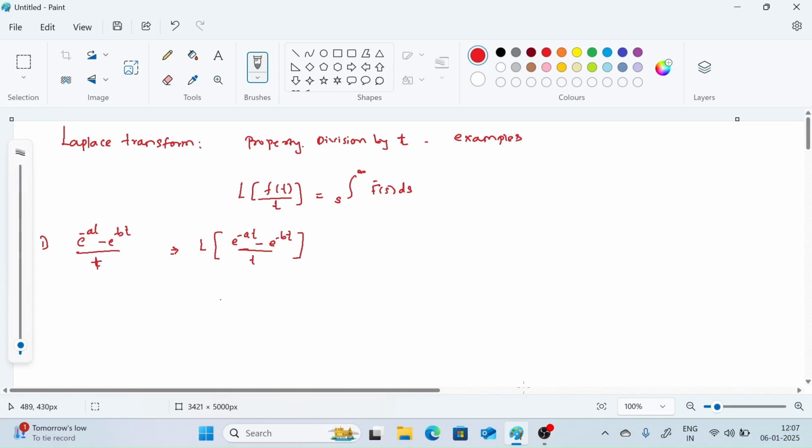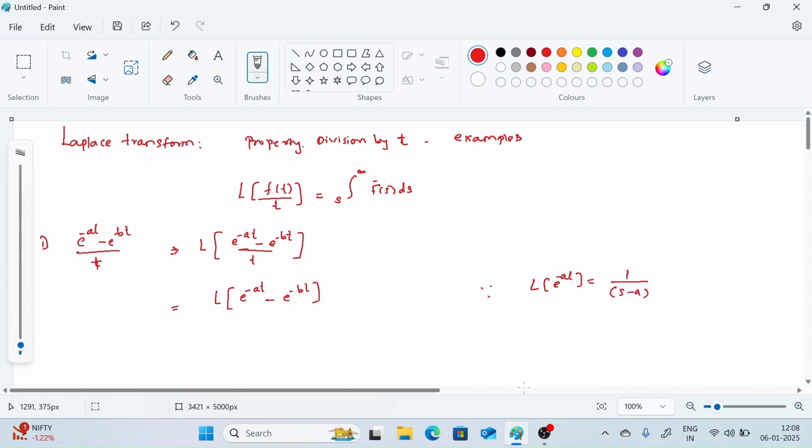What I can do is first find Laplace of e raised to minus at minus e raised to minus bt. What formula are we going to use in this case? Laplace of e raised to at is equal to 1 upon s minus a.